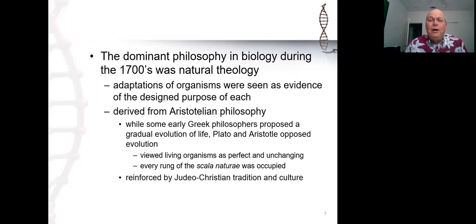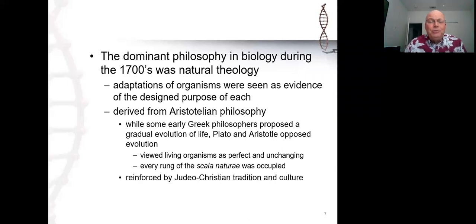But the strength of Aristotelian thought and the strength of its combination and its adoption in part or in total as part of the Judeo-Christian philosophy of the origin of life would basically preclude any other thought being widely accepted.